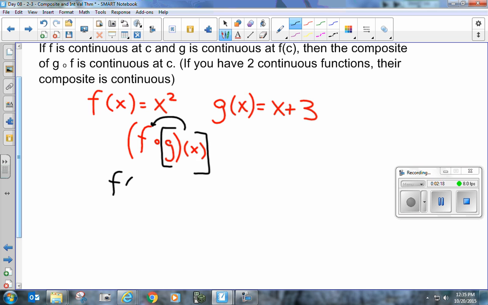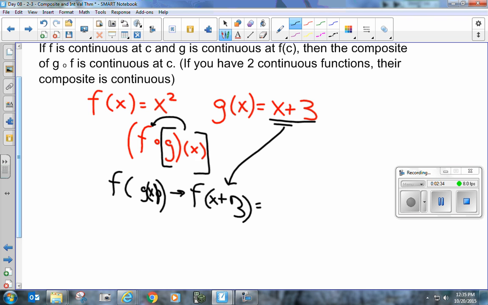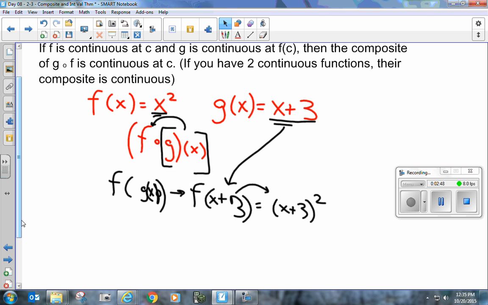So I would have f of g of x, which would be, in my f, I now put g of x, which means, instead of having x squared, I have x plus 3 squared. That's just a quick review of composition of functions. I take one function and put it into the other function.